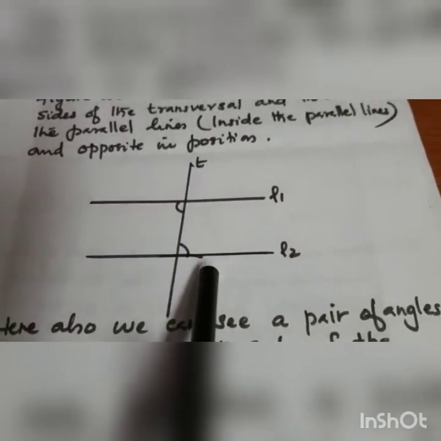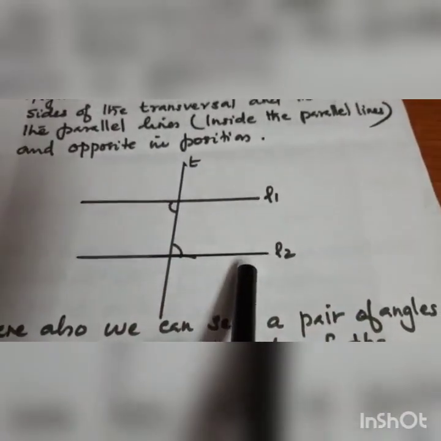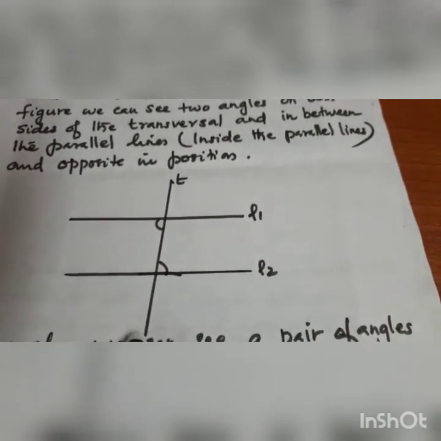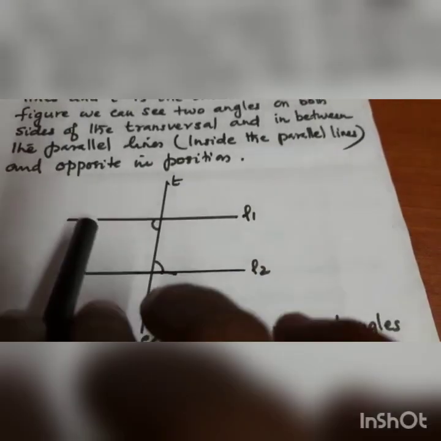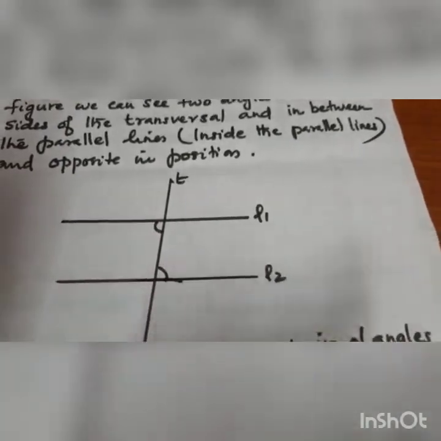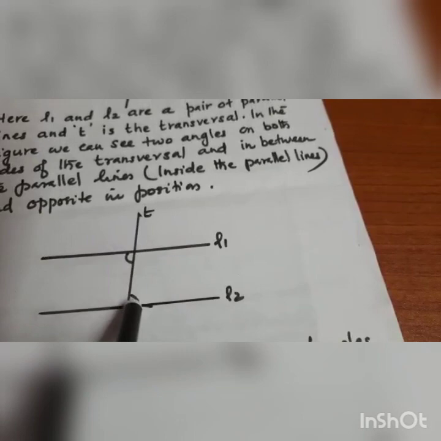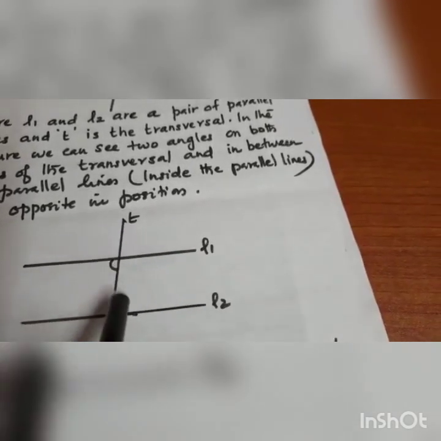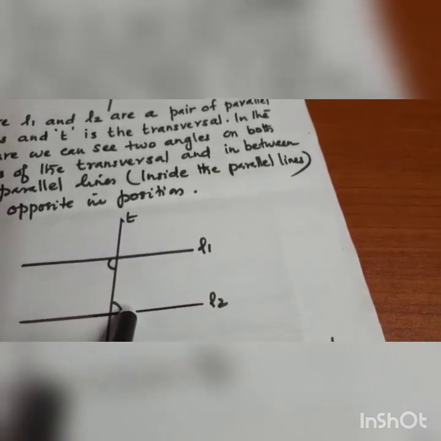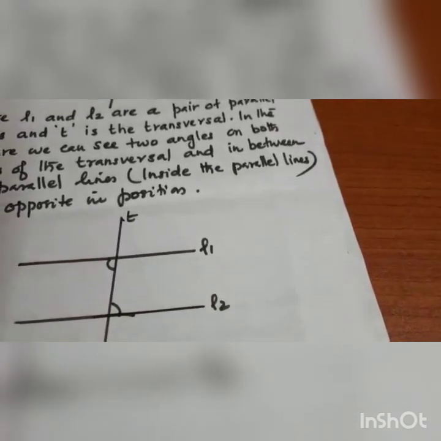Here is another pair of angles. Here also we can see a pair of parallel lines L1 and L2, and a transversal that cuts L1 and L2, and here also 2 angles are marked. Those 2 angles are also in between the parallel lines L1 and L2 and on either side of the transversal, just as opposite angles.